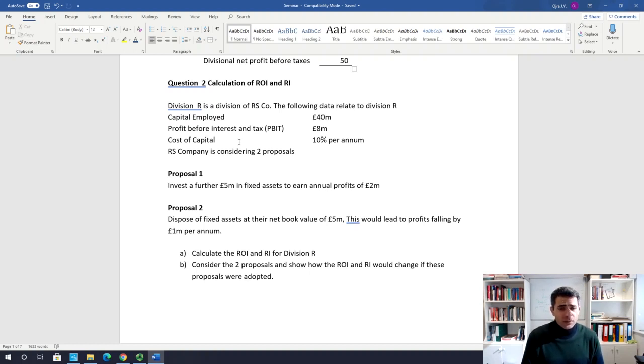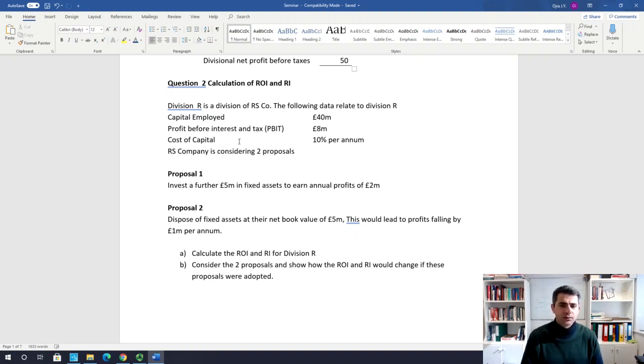So let's have a look now. Let's start. First of all, you need to forget about proposal 1 and proposal 2. Forget about them. Now what we need to do is calculate the proper ROI and RI. If you go back to the lecture slides, you just need to use the formula.